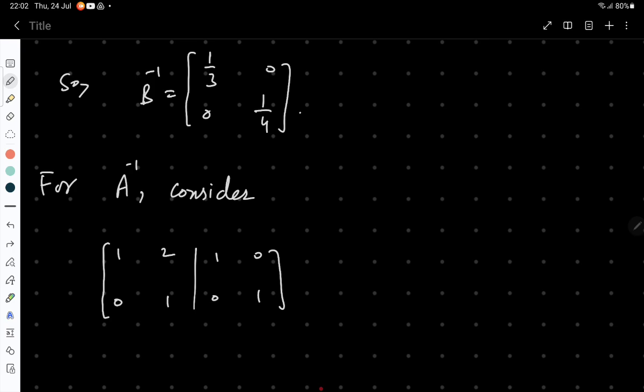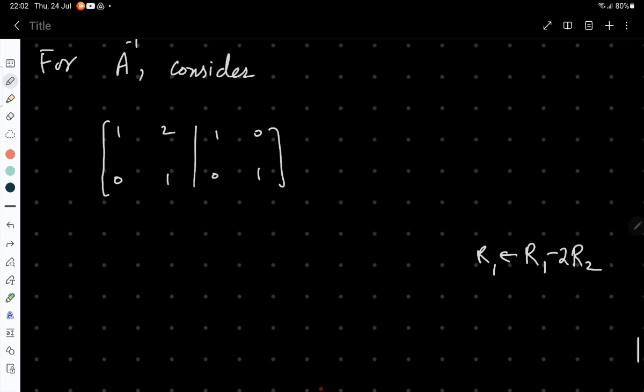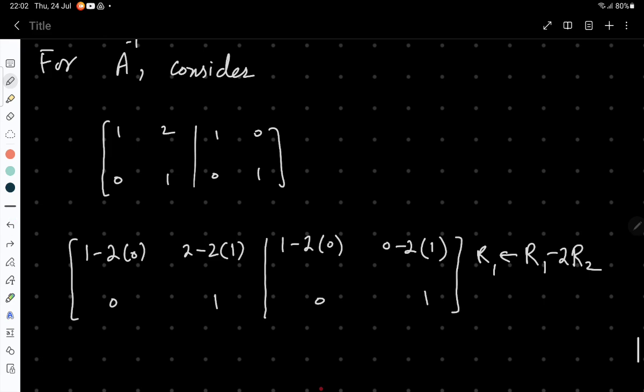How can I make this 0? I can make this 0 by 2 minus 2 times 1. That means R1 minus 2 times R2. If I make these changes in R1, then I will get these calculations.